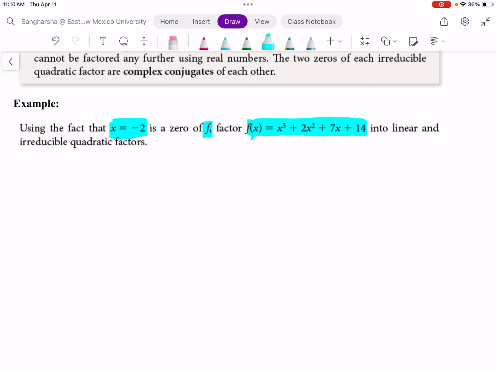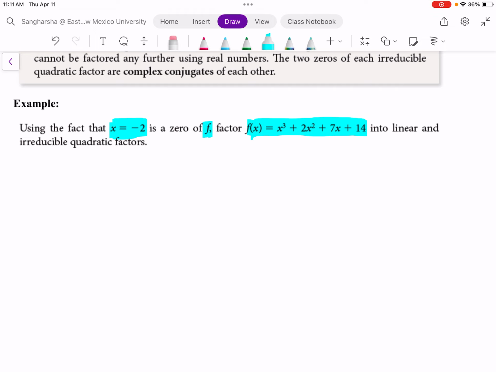Now what is the information? We know negative 2 is a real 0 for this function, and from that real 0, x minus the real 0 gives x plus 2, so x plus 2 is a factor.